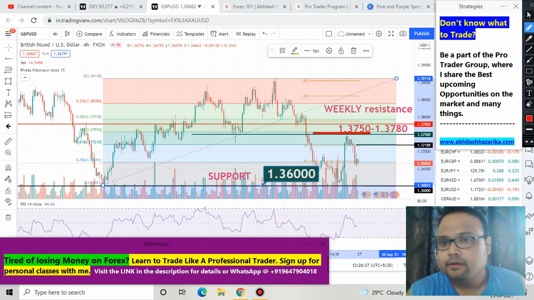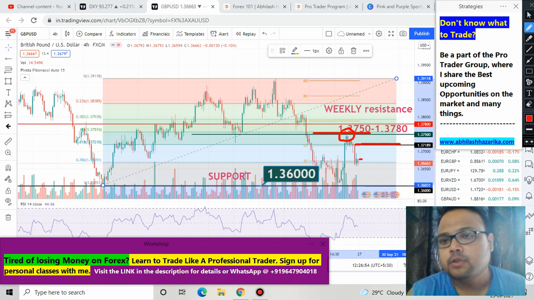And you can see that previously when market went up at this particular level, market faced resistance and market came down. So instead of 1.3750 level, there is also a possibility of market reversing from this level, 1.3718 level.